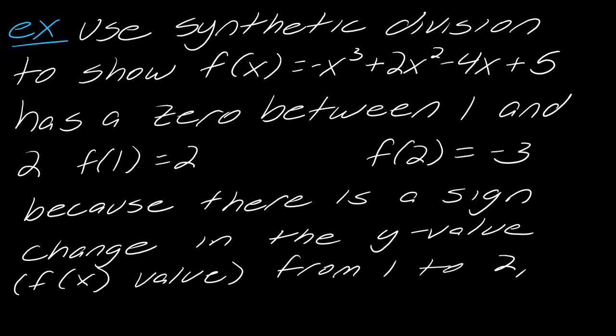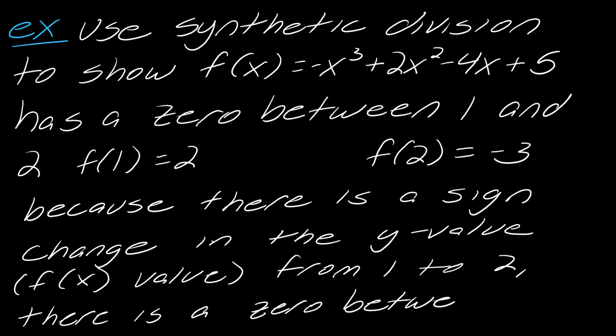Since we see that sign change, positive to negative, it doesn't matter if it goes negative to positive or positive to negative, you just need the change. Because that happens, there is a zero between 1 and 2. And so that's it. That's what the intermediate value theorem says.